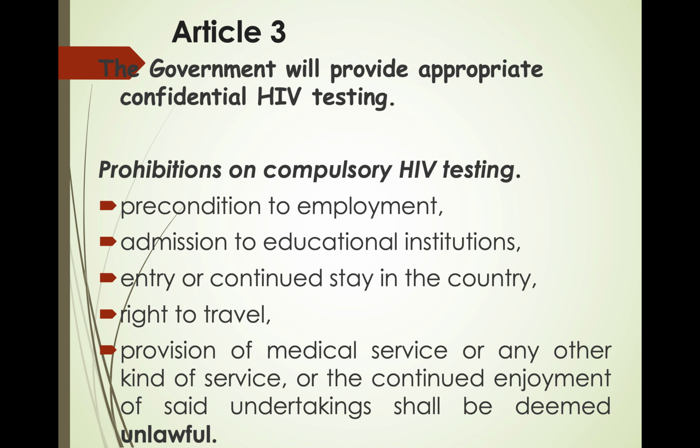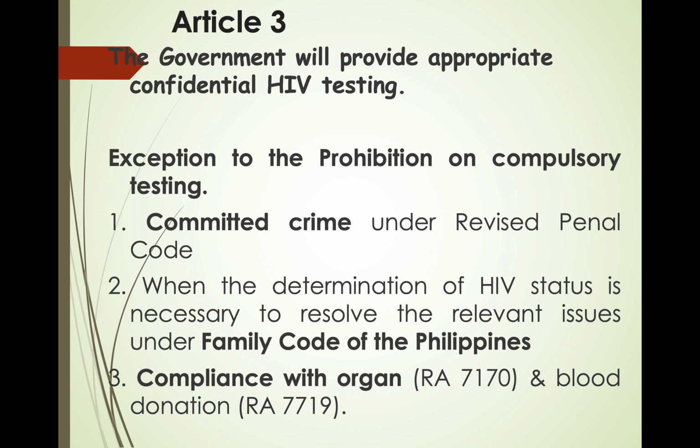Okay? Aside from that, exemptions to the prohibition on compulsory testing. These are people who committed crimes under the Revised Penal Code. Technically, everyone who committed a crime is exempted, so we can have their HIV screening with or without their permission.